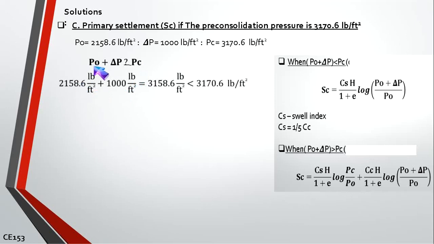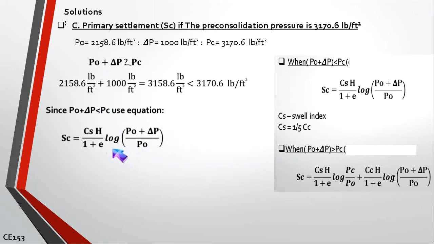So, substituting value of PO, delta P, that is equal to 3,158.6. That is actually lesser than 3,170.6. So, using these equations, since PO plus delta P is less than PC, use this equation.